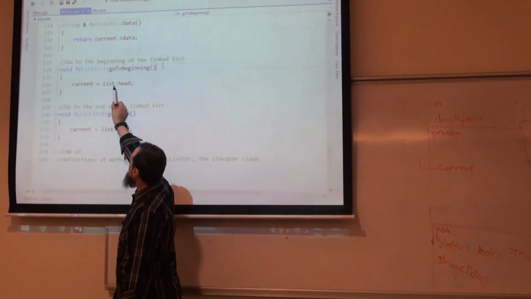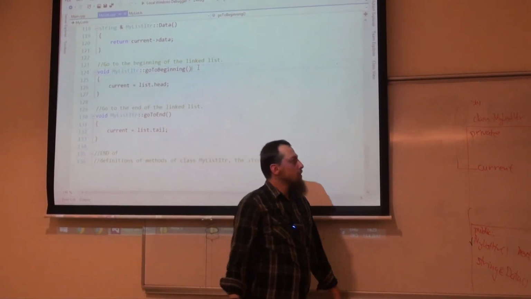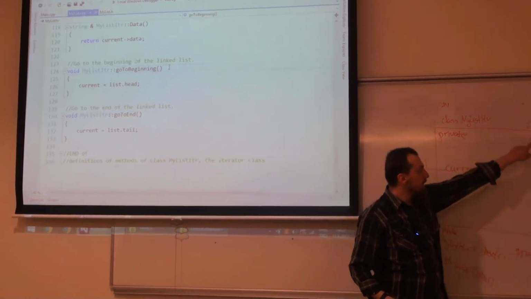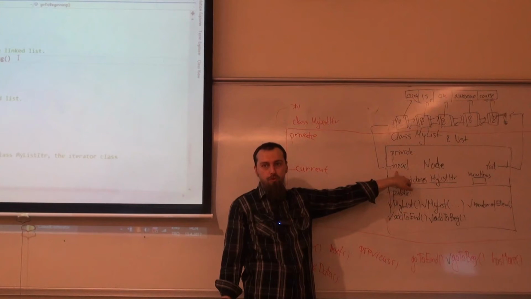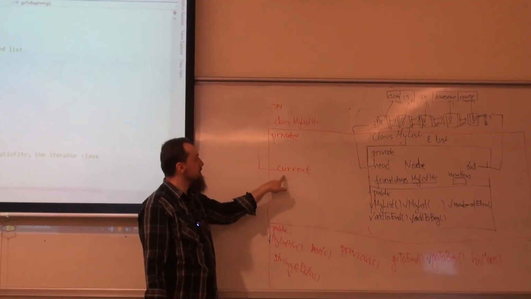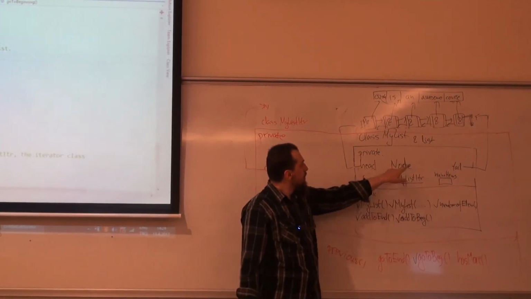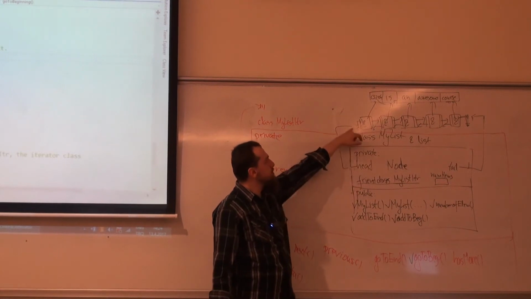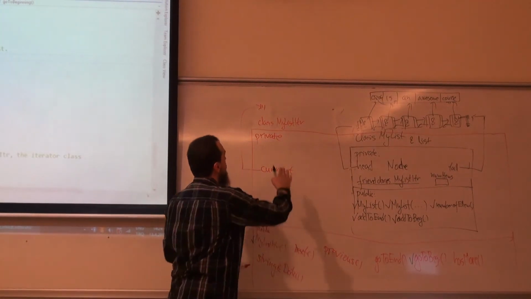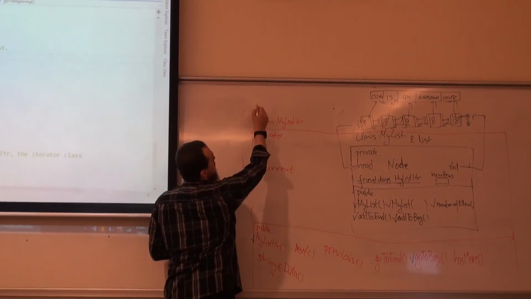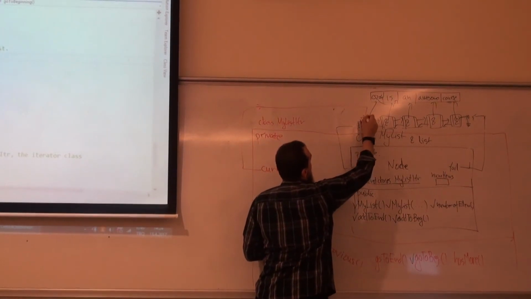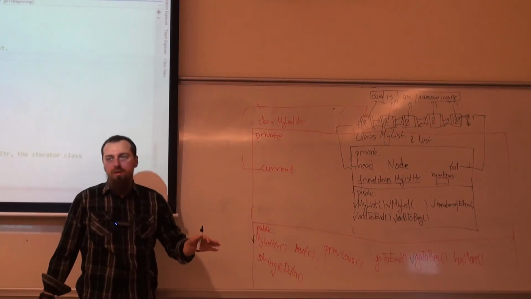Current is equal to list point head. So where's the list now? List is this guy here. List head is this guy, this pointer. And I'm saying that current is equal to list point head, which is a pointer. Basically what I'm doing is making this pointer point to the head. They're pointing to the same data.